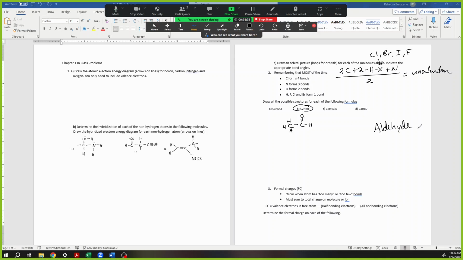You're going to want to know the names of functional groups. A carbonyl is something that you'll find in lots of different functional groups, but it's really important to recognize. Let's move on to other possible structures. What else could we do with this? What other isomers, structural isomers, can we come up with?